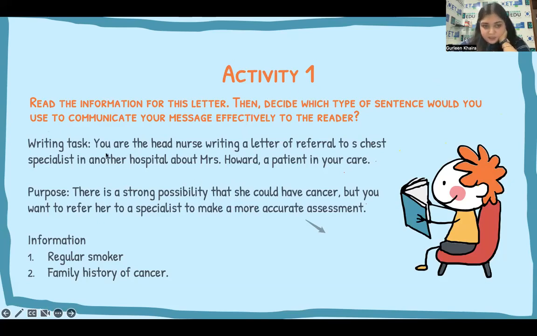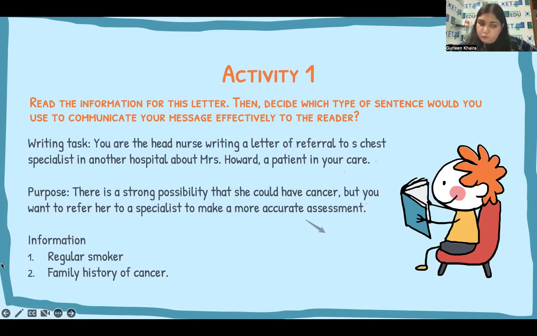The writing task is that you are the head nurse writing a letter of referral to a chest specialist in another hospital about Mrs. Howard, a patient in your care. The purpose is, there is a strong possibility that Mrs. Howard could have cancer, but you want to refer her to a specialist to make a more accurate assessment. So the purpose of writing is assessment.